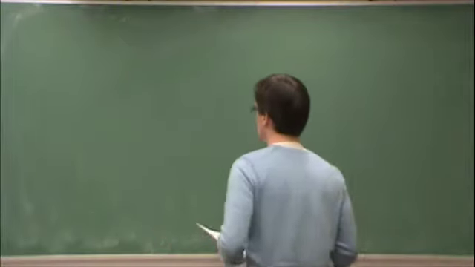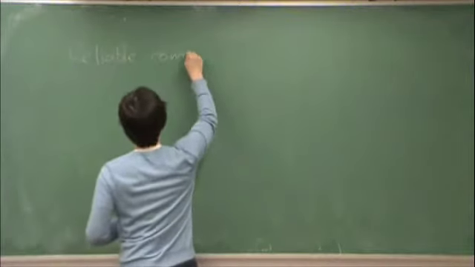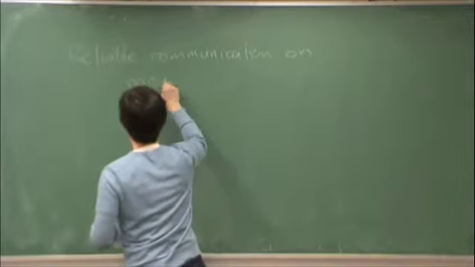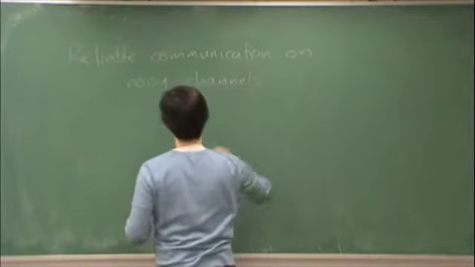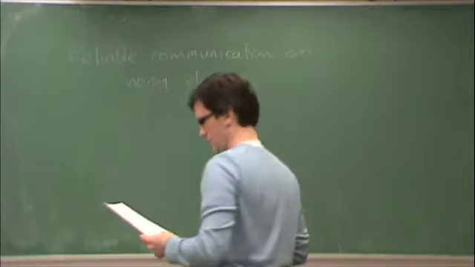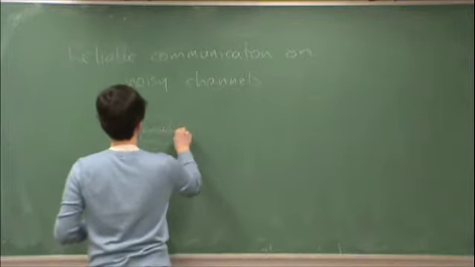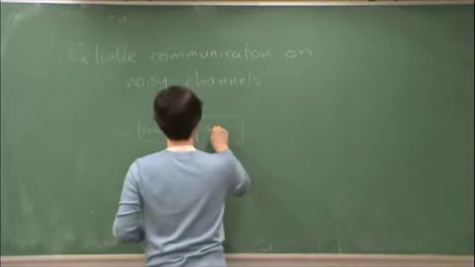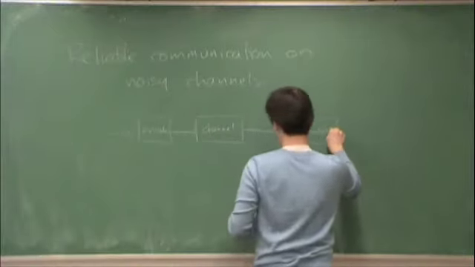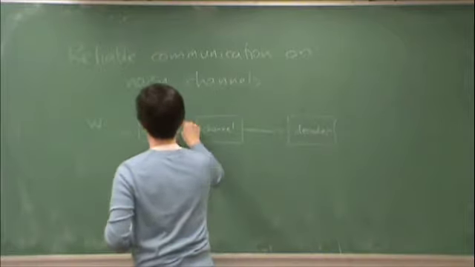Okay, we're talking about reliable communication on noisy channels. Previously we had this diagram, where a message was sent in this end, was encoded in some alphabet SX.